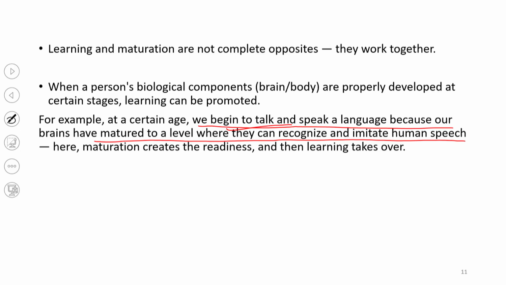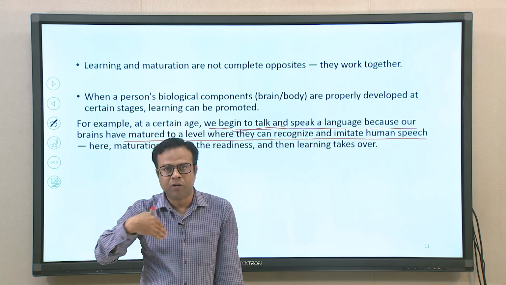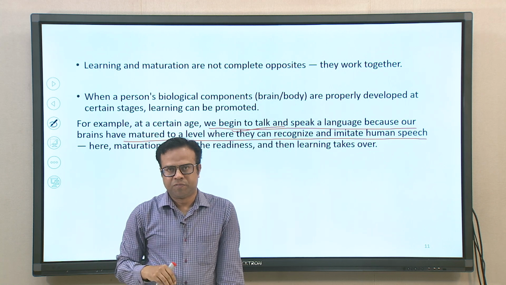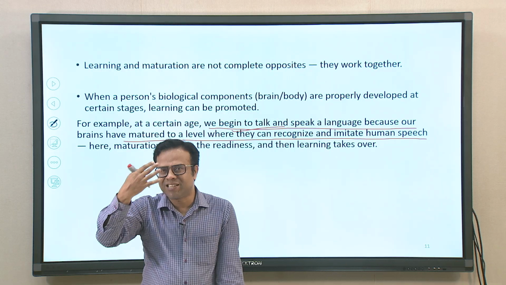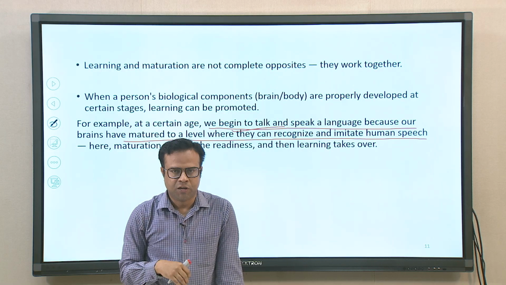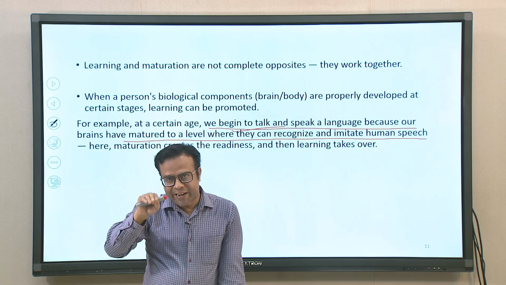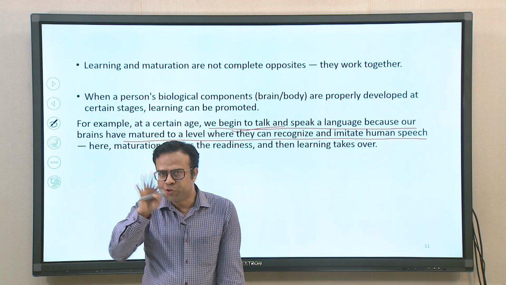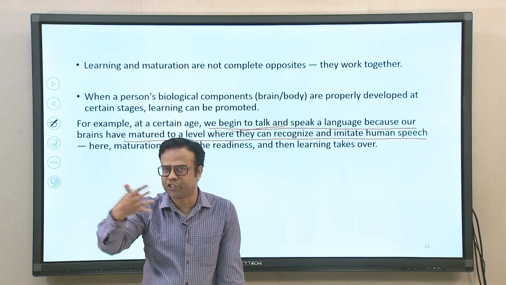Just after birth, a child cannot speak, simply because the brain and body are not mature enough to imitate speech. Only after a certain stage, 2-3 years, after certain maturation happens, does the child start to imitate speech. Both interact with each other, but you still have to learn a lot of things around speech. Maturation gives you only capability, but you have to learn the speech processes from interaction and experience.